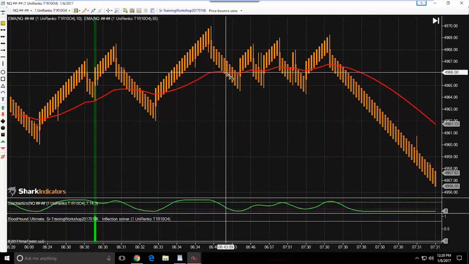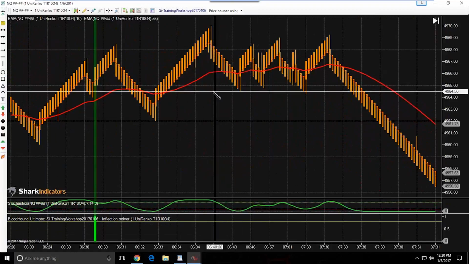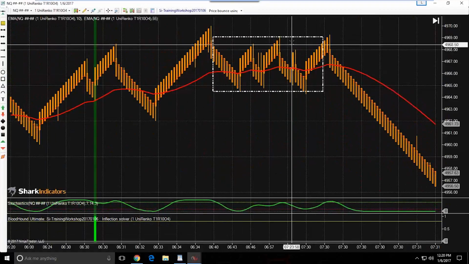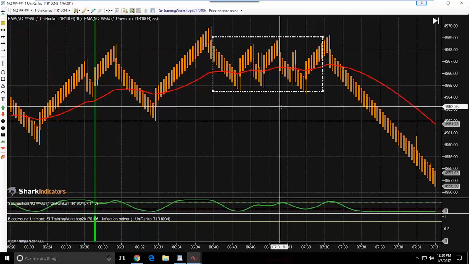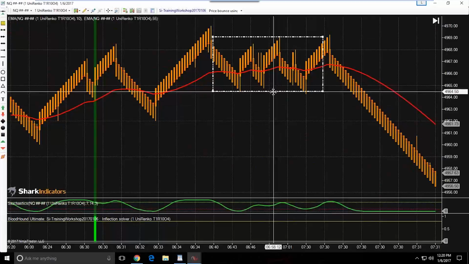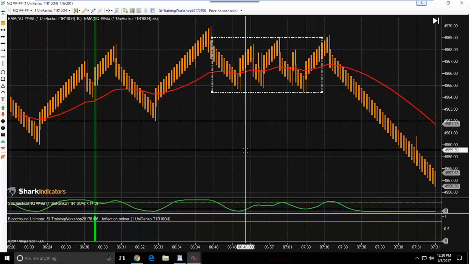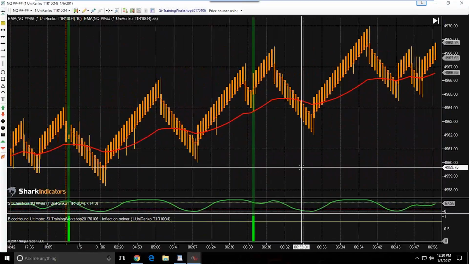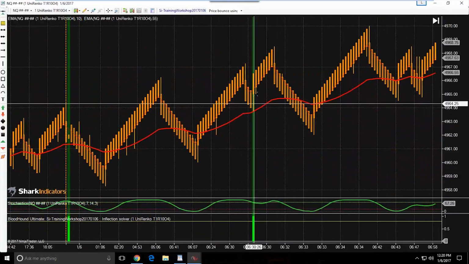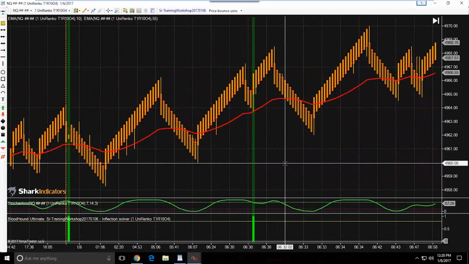Making sure that price doesn't cross too far is what helps filter out all this choppy stuff. You get a 2-for-1 deal there with that rule. And definitely a nice clean long bounce there.